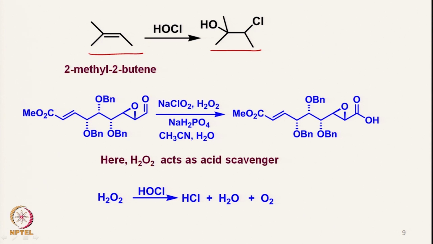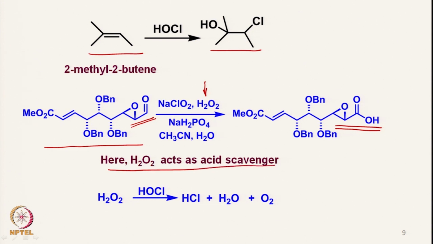Now we can see the application of it to an interesting and relatively complicated molecule such as this, where the epoxy aldehyde is oxidized to the corresponding epoxy acid under these conditions. The difference that you can see from the top is the use of hydrogen peroxide as an acid scavenger.